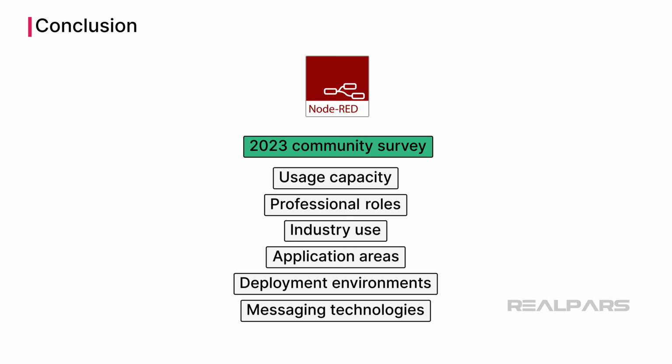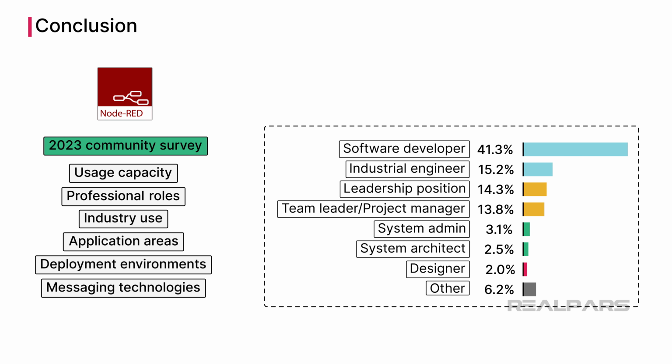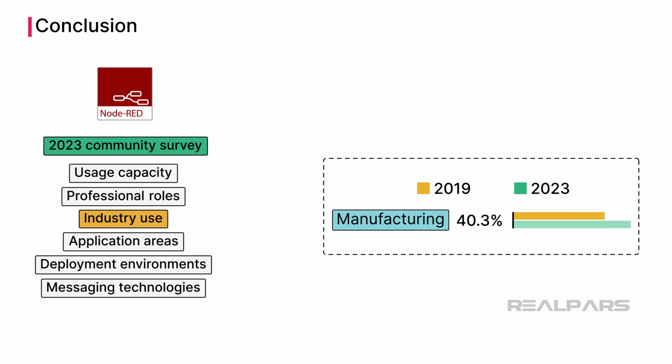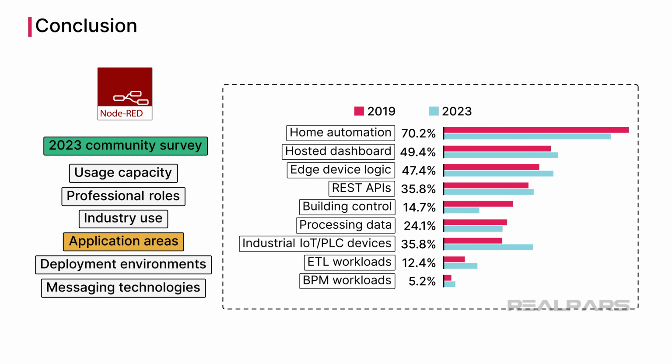In this video, we reviewed the results of the 2023 Node-RED Community Survey. From the results of the survey, we saw that Node-RED is being used in a professional context, and the number of manufacturing professionals using Node-RED is increasing. We also saw that the main professional applications of Node-RED are to create dashboards, process data, and provide edge device functionality.